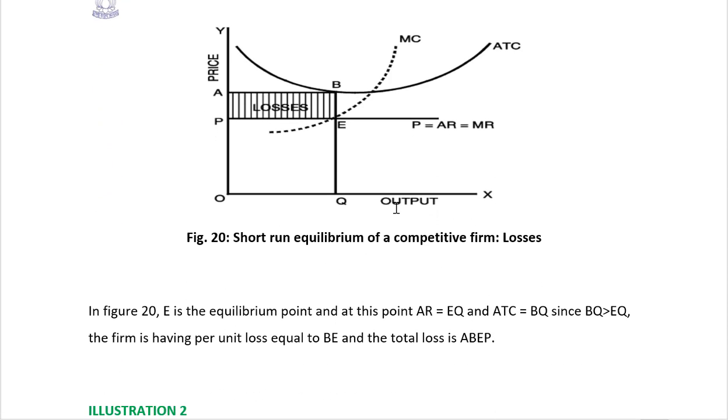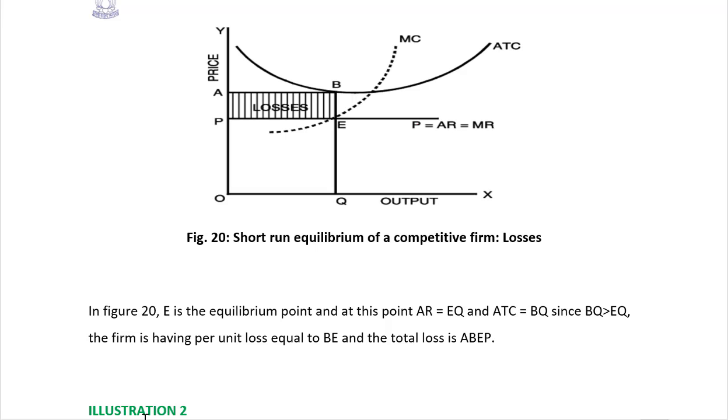See this diagram. Over here on x-axis the quantity output is plotted. Over here in y-axis the price is plotted. This is a U-shaped average total cost. Marginal cost you are familiar with. This is D equal to P equal to AR equal to MR. In this diagram, the firm obtains equilibrium position at OQ at OP price.